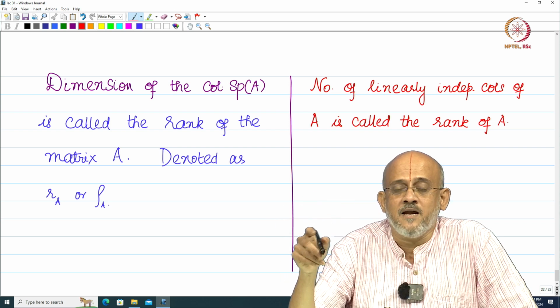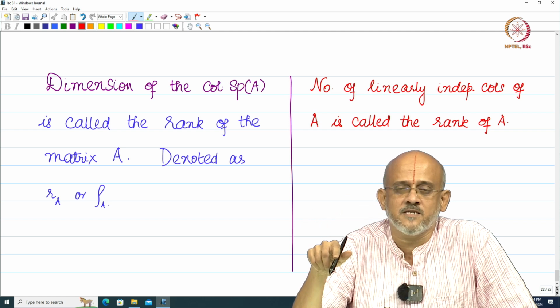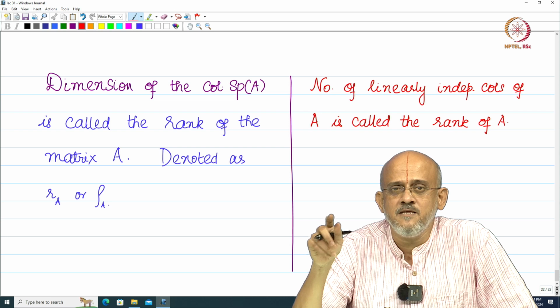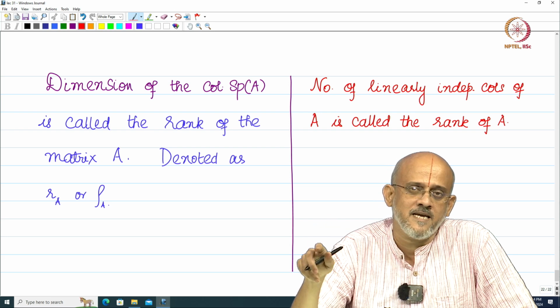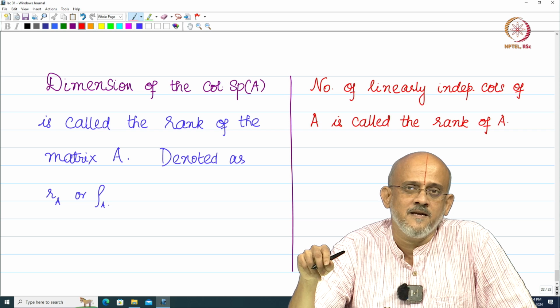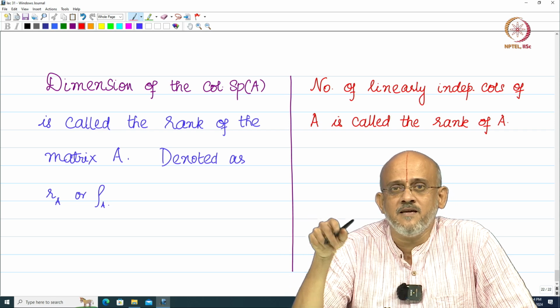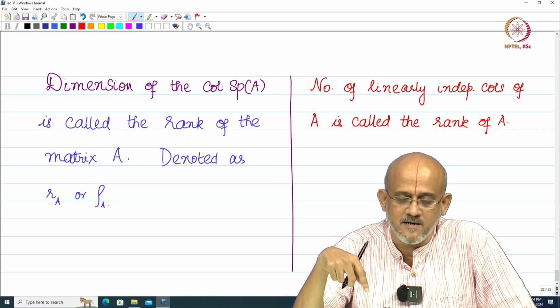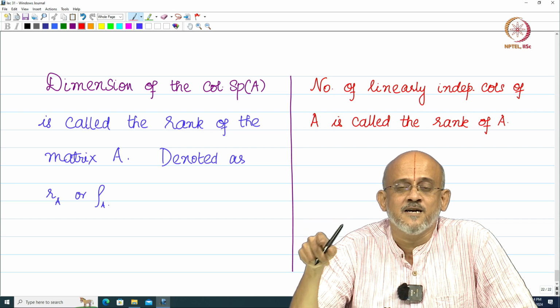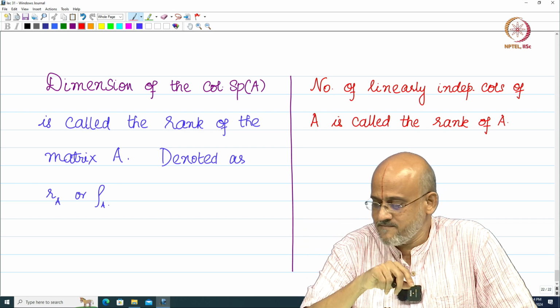When we looked at the row reduced echelon form, we said that the number of pivot variables in the row reduced echelon form of the matrix A corresponds to the rank of A, and the number of free variables in the row reduced echelon form of A corresponds to the nullity of A.